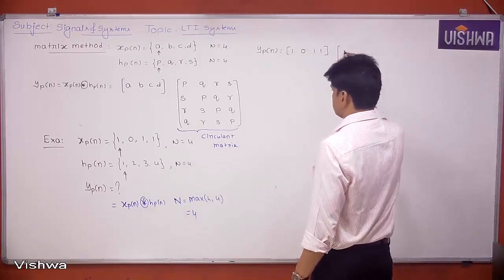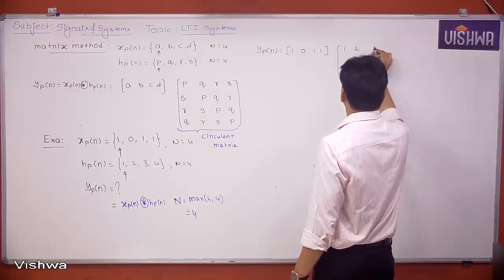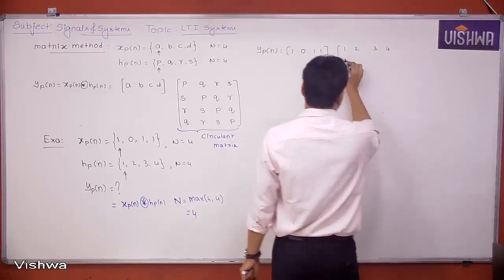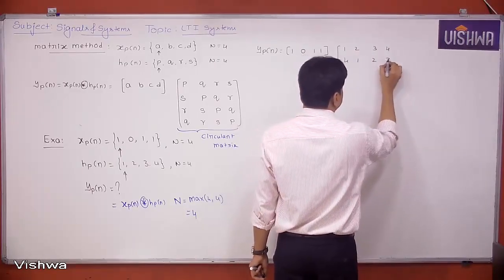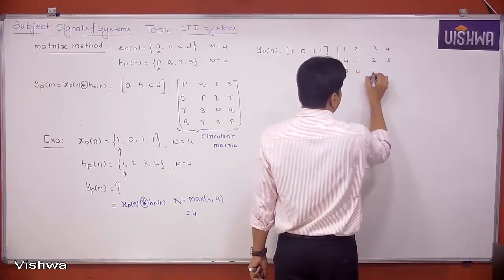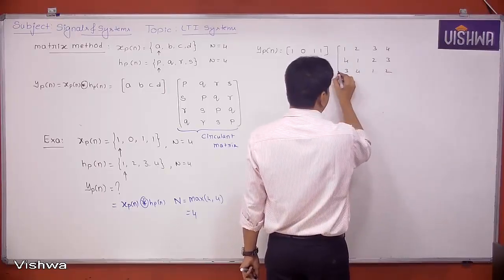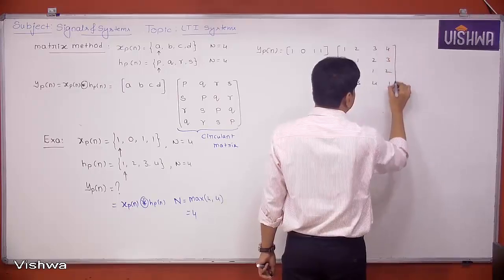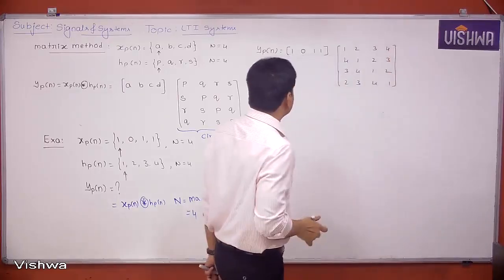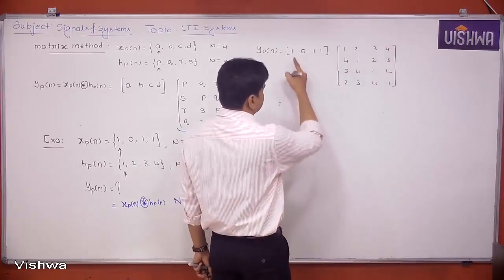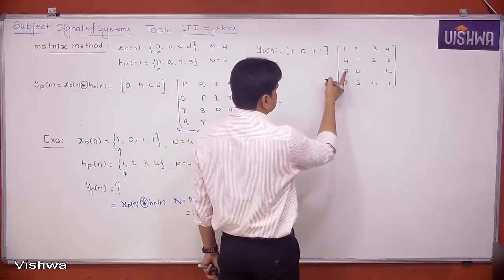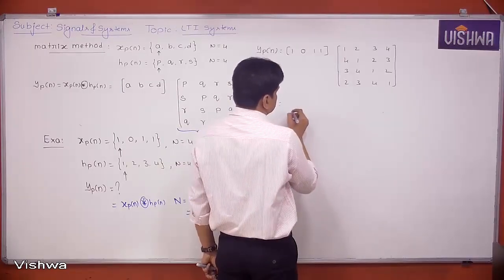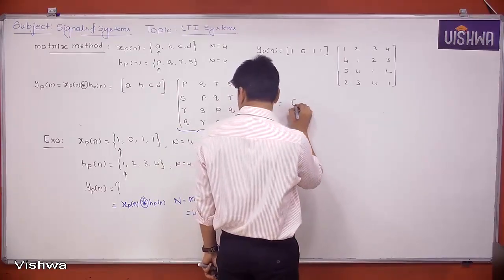Next matrix: 1, 2, 3, 4, 4, 1, 2, 3, 3, 4, 1, 2, 2, 3, 4, 1. If I take it, now try to write it. 1, next 3, 2. So it is going to be 6.